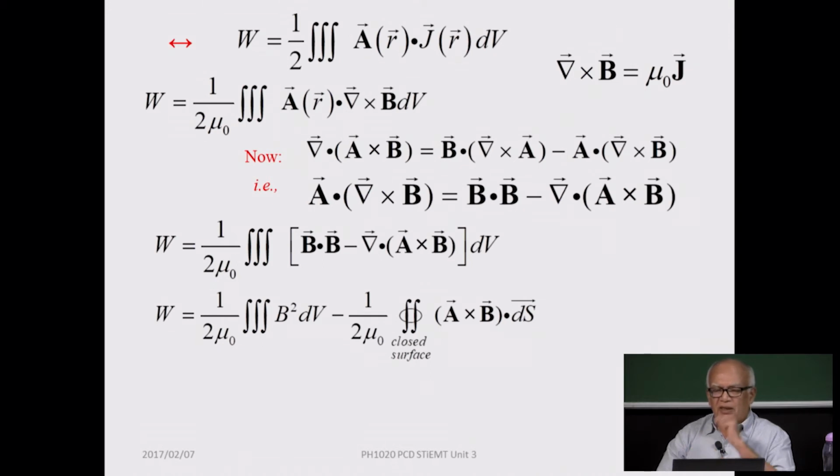So, B dot B is nothing but B square, okay. You write it as two terms. The second term is the volume integral of divergence, which I have now written as the surface integral over a closed surface which encloses that volume.